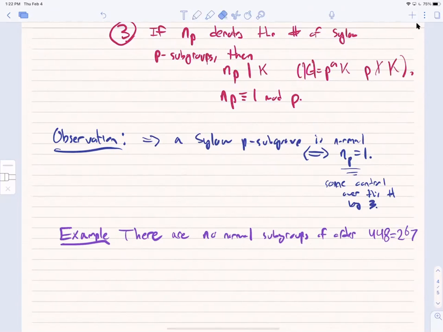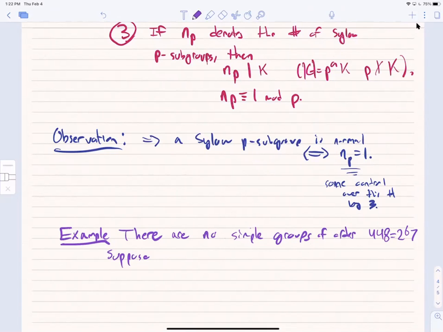Sorry, there are no simple groups of order 448. I don't know how I wrote it the way I wrote it.